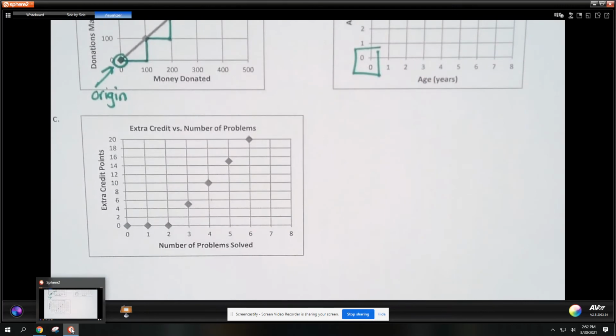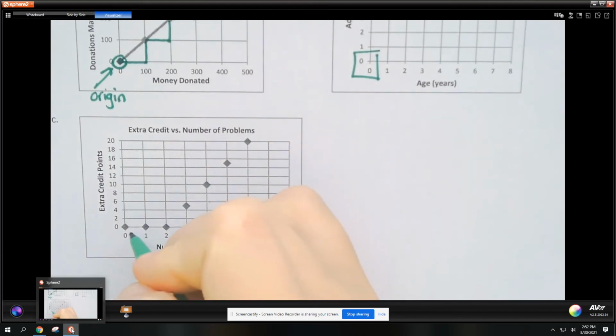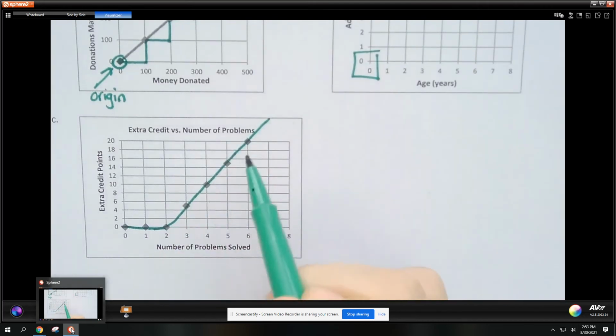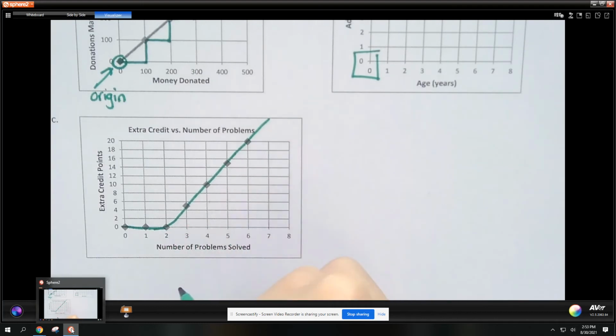The last graph we want to take a look at, we're talking about extra credit versus the number of problems a student would do. And if I go ahead and even just connect all of my dots here, to see what sort of line we're working with, you can see pretty quickly off the bat, we don't have this straight diagonal line with a consistent rate of change. For problems 0, 1, and 2, you're not getting any extra credit.